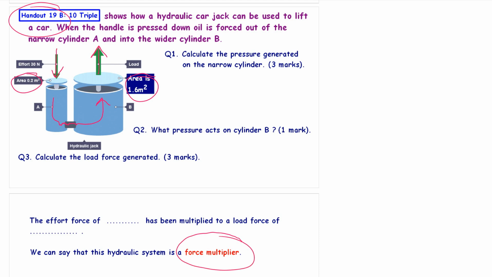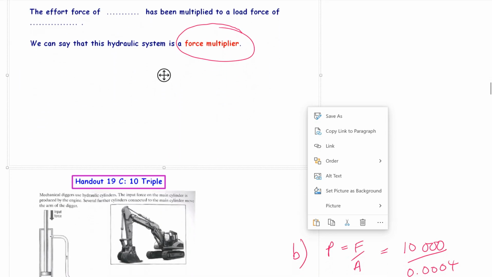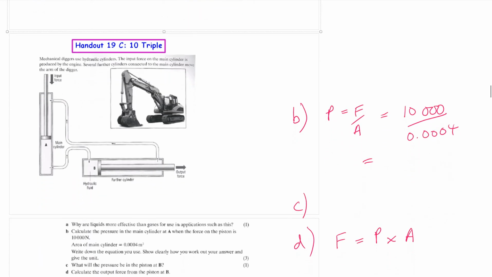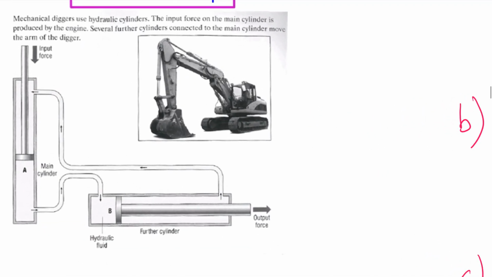Let's move on to another question now. We have here a mechanical digger, and you can see you've got an input force, and you are going to get a larger output force. It's going to be bigger.